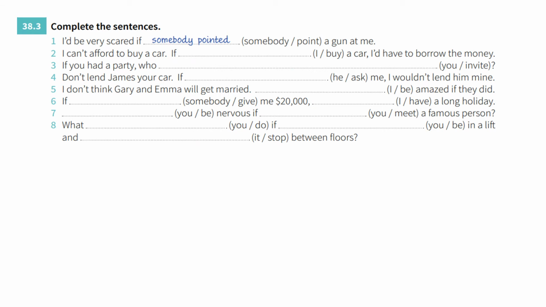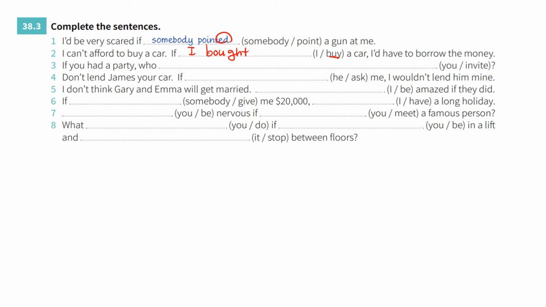I'd be very scared if somebody pointed a gun at me. Number 2, I can't afford to buy a car. If I bought, B-O-U-G-H-T, bought a car, I'd have to borrow the money. Okay.